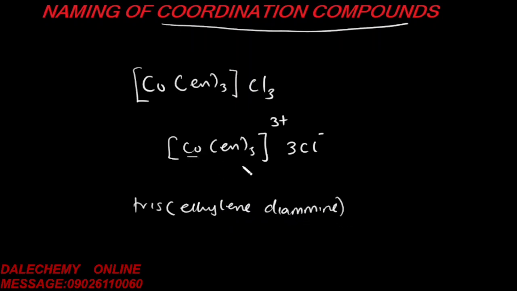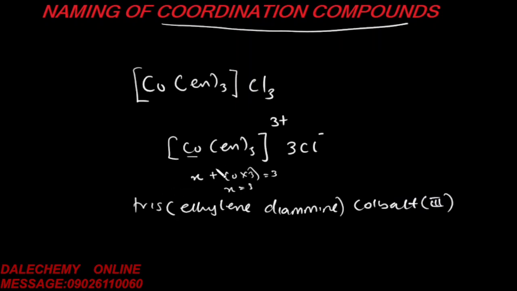Then you name the metal, which is just cobalt. Then the oxidation state of cobalt here will be X plus 0 times 3 equals 3 because of the charge. So X equals 3. So we have cobalt(III). So this is how to name this compound.